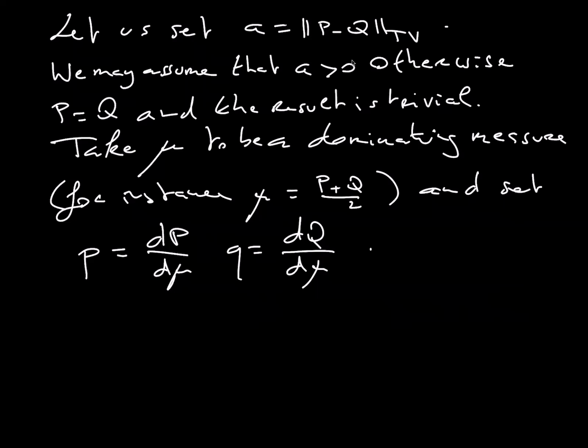And to define this mixture, I need to take some notations. When I have two probabilities in my pocket, I can always assume that they are absolutely continuous with respect to some dominating measure. The dominating measure that you can produce here is just the sum between the two probabilities, P and Q over 2. So we have a dominating probability measure here. And you consider the densities of P and Q with respect to this dominating measure.